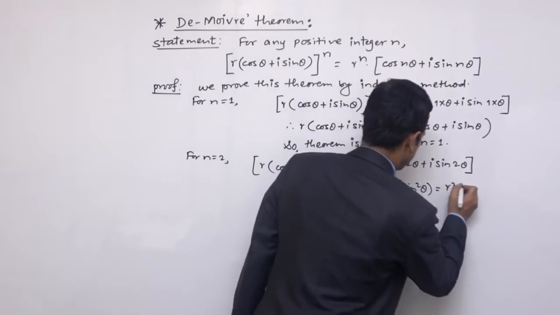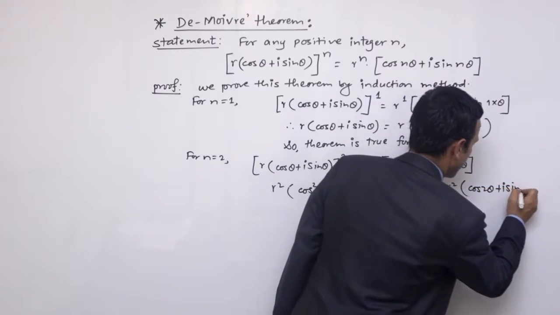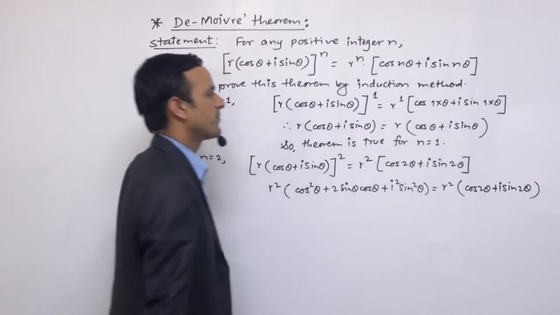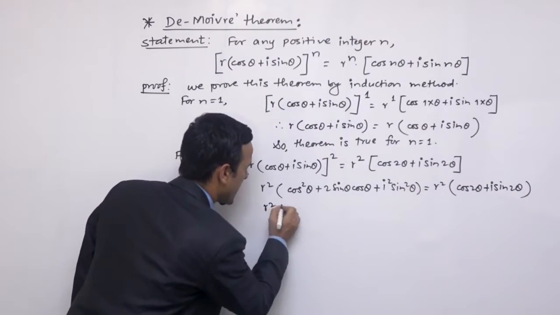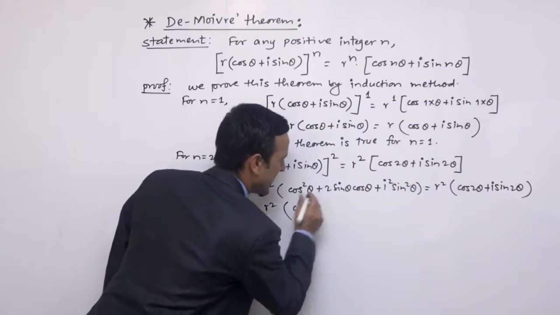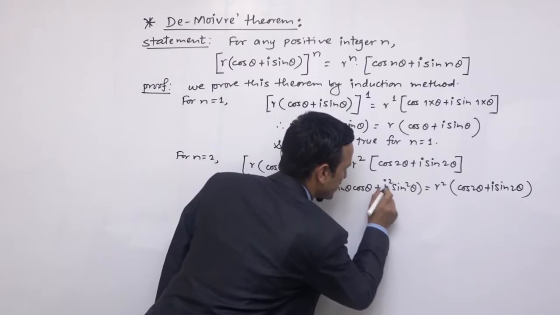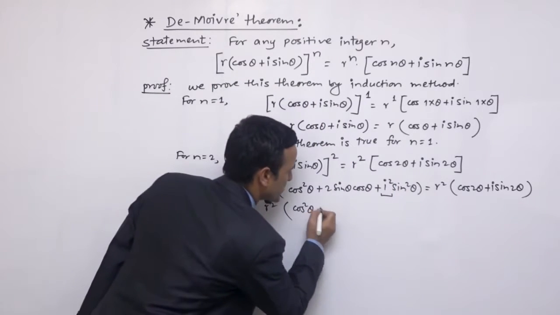So RHS is the same, cos 2 theta plus I sin 2 theta. So r square, this is cos square theta and I square means the value of I square is minus 1.